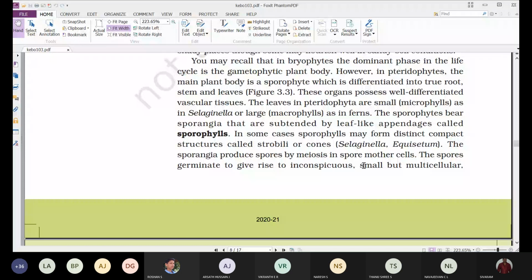All these sporophylls fuse and form a compact structure called a strobilus; singular strobilus, plural strobili, also called cones.